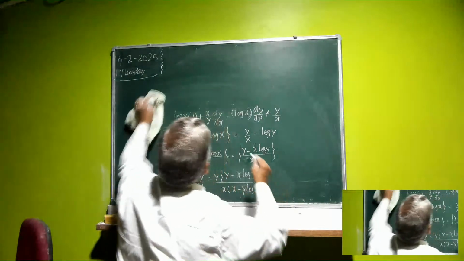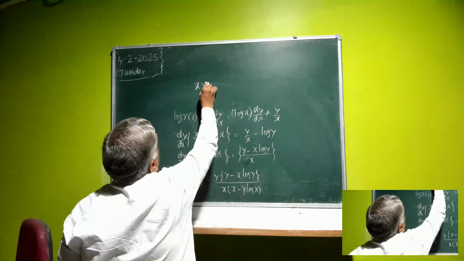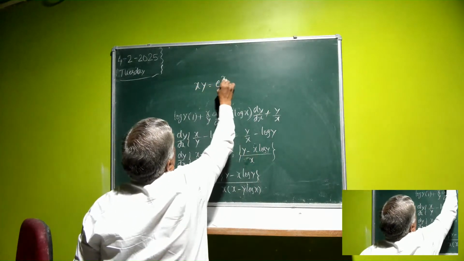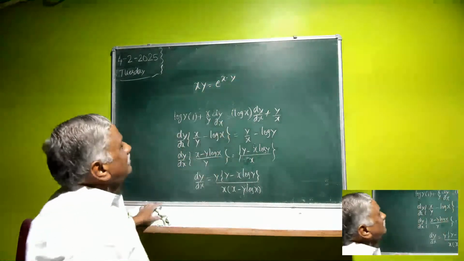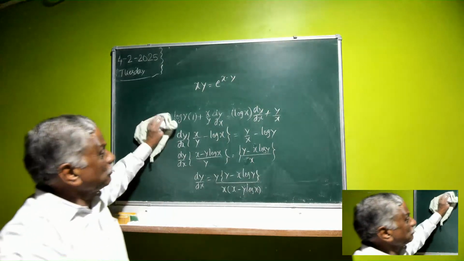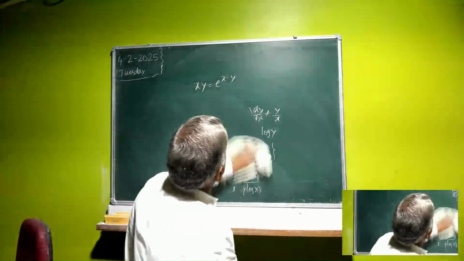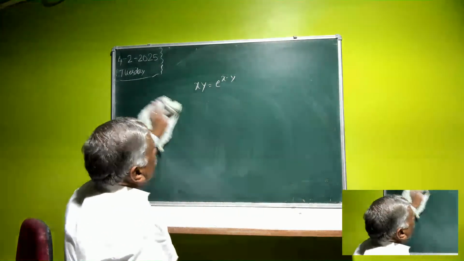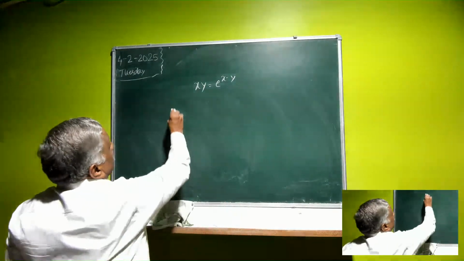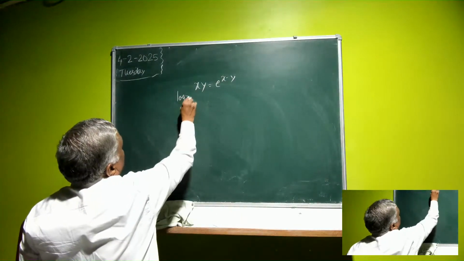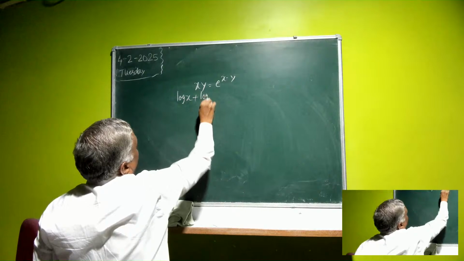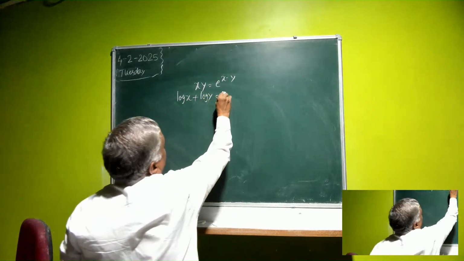Xy is equal to e to the power of x minus y. This is a problem in the NCERT textbook also. So you have to take logarithm. So it is log x plus log y is equal to x minus y.